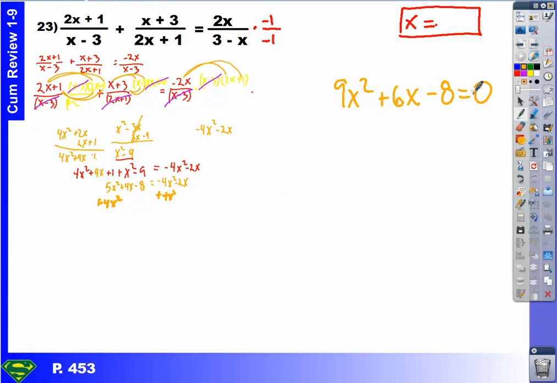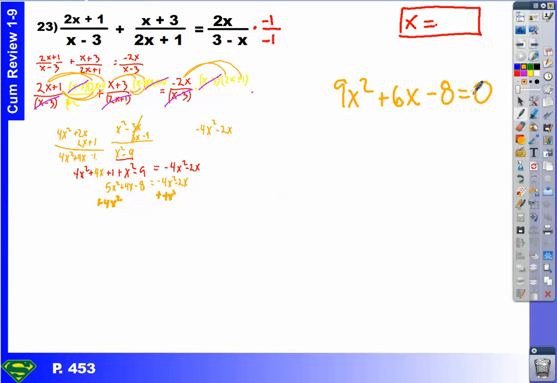Ugh, this is ugly. Okay. Should we add 8? It's not the final answer, because we are being asked to solve. To solve a quadratic, two things must be true. You must have a factored form expression, and it must be equal to 0.